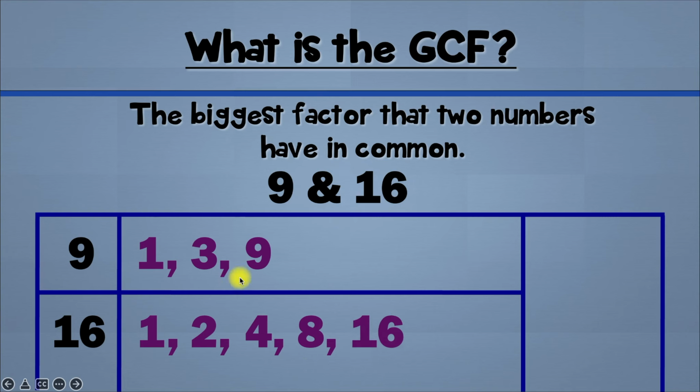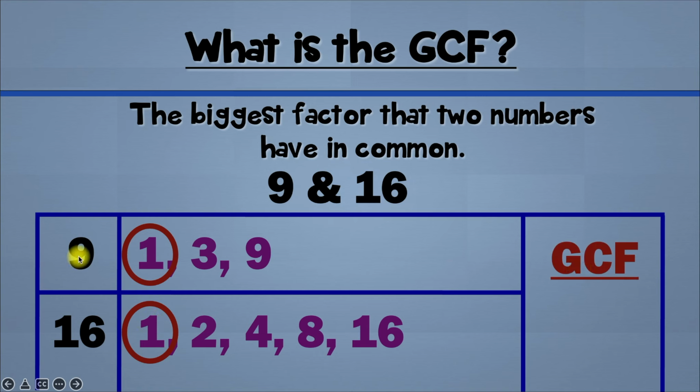Which of these factors, because these are the factors of 9, and these are the factors of 16, what factors do 9 and 16 have in common? Or in other words, that they both have? Well, the only number I see them having in common is the number 1. Therefore, our GCF for 9 and 16 is 1.